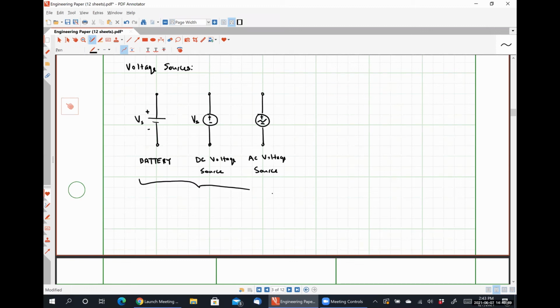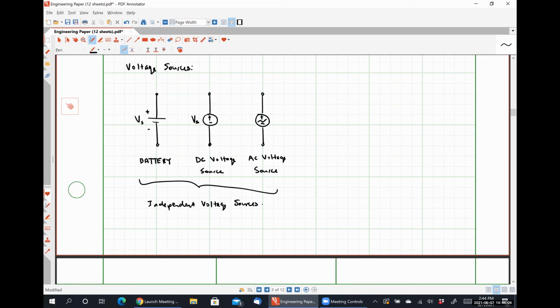Okay. Now these three representations are what are called independent sources. Okay.